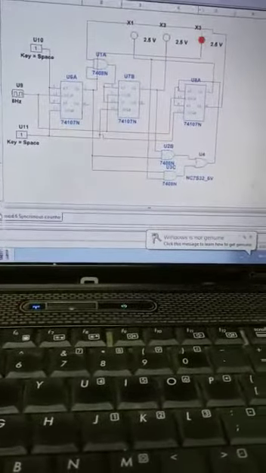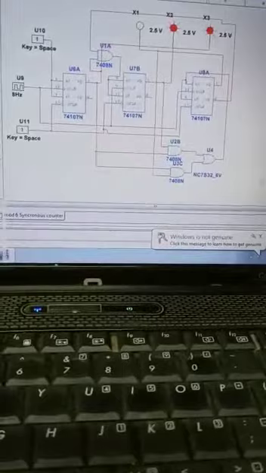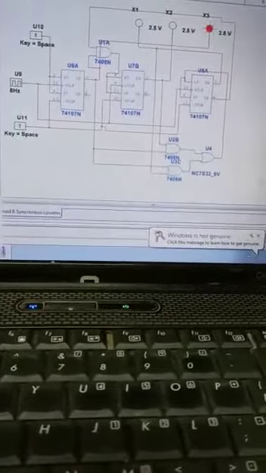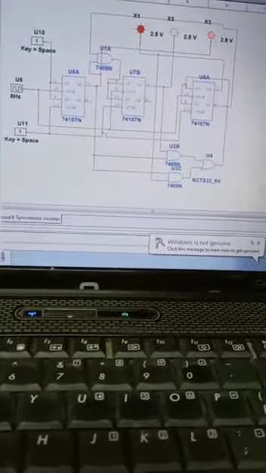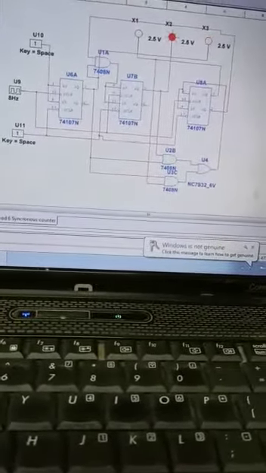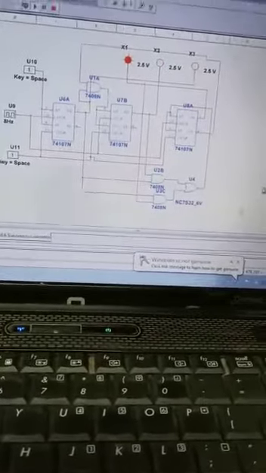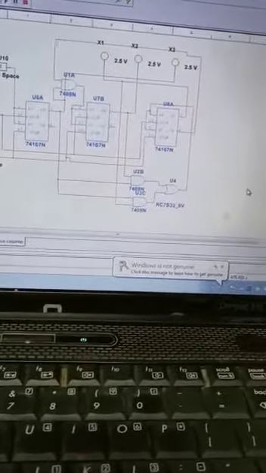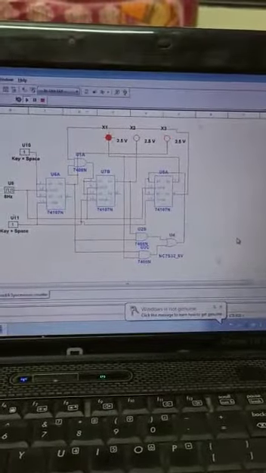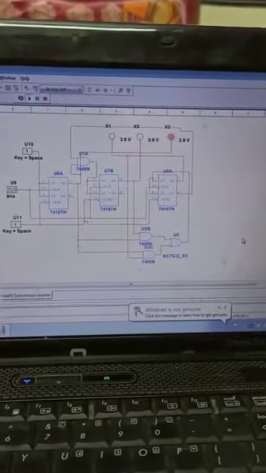Here clear is shorted and given to logic 1. So we don't use a clear logic, but we use logic to give inputs so that the counter will count in the desired way. Now see the simulation: it is showing 1 2 3 4 5, and then again it starts from 0.